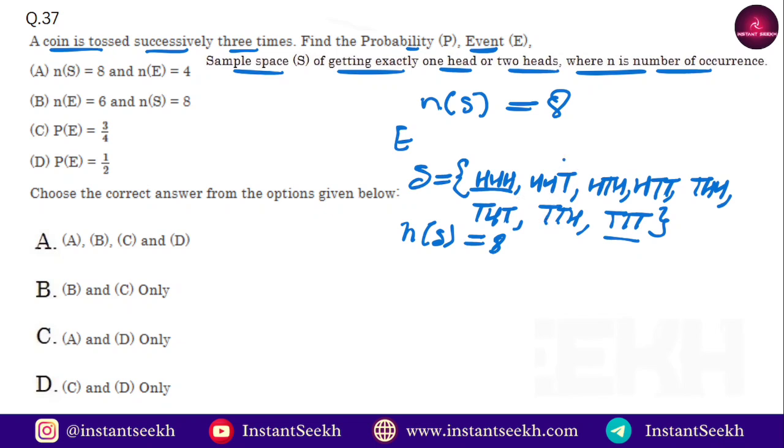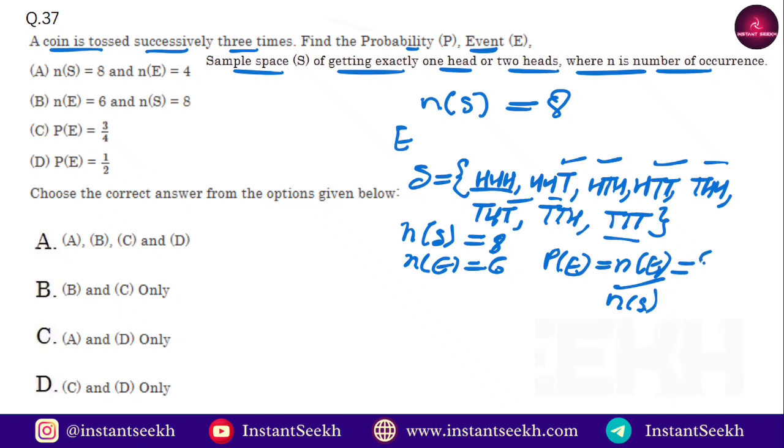So a total of 6 possible outcomes are there, so N of E will be 6. Understood. Next, probability: the probability of an event is given by the ratio of favorable outcomes. We know that P of E is basically given as N of E divided by N of S, right?